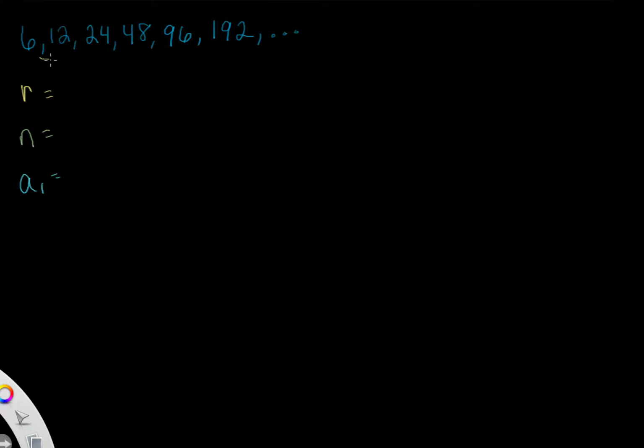So, common ratio from 6 to 12, 12 to 24, 24 to 48, we can see that that common ratio is 2. There are 1, 2, 3, 4, 5, 6 terms in our sequence, and the first term is 6.